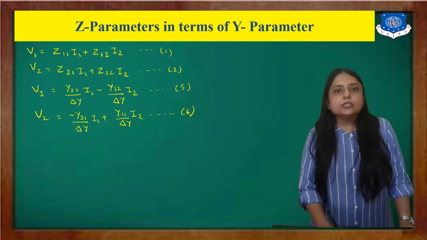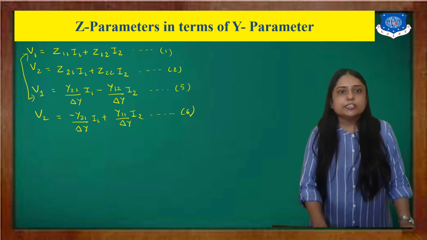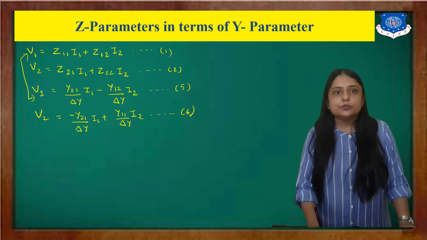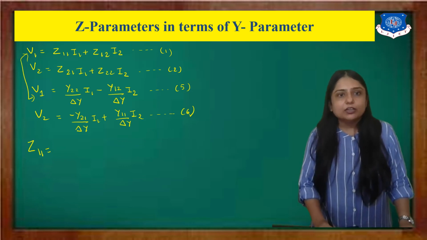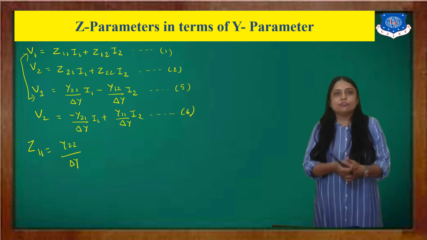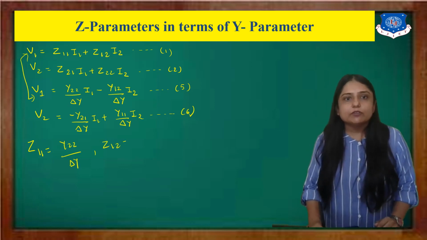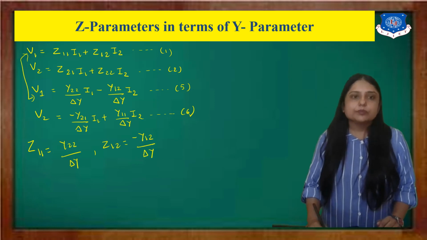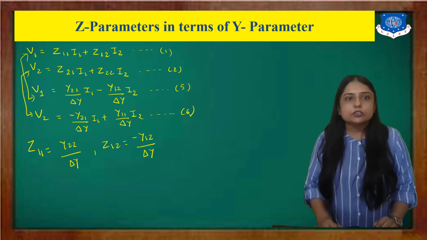Now you just compare this equation with the V1 equation. V1 is there, I1 is there, I2 is there. So the value of Z11 will become Y22 upon delta Y. See here, the value of Z in terms of Y. Similarly, Z12 equal to minus Y12 upon delta Y. Now compare with the V2 equation.